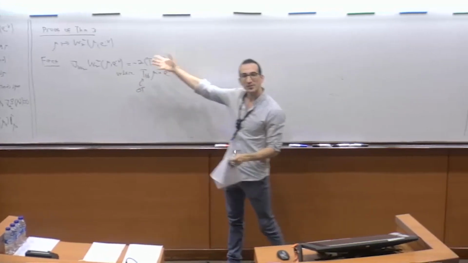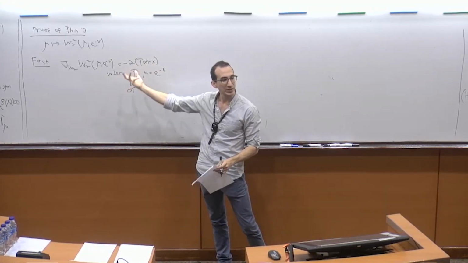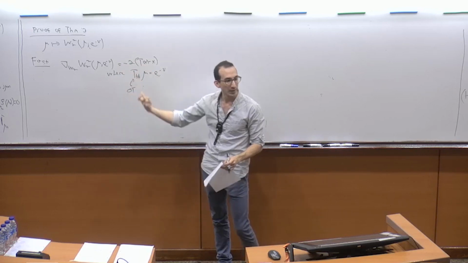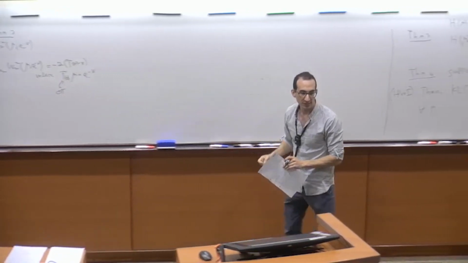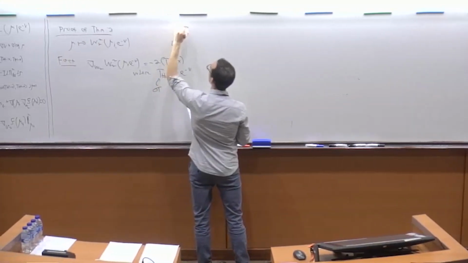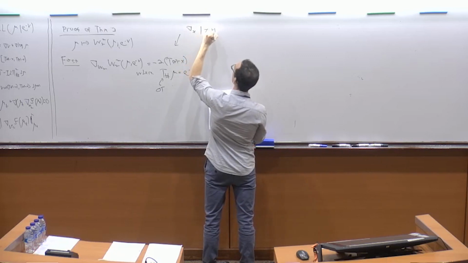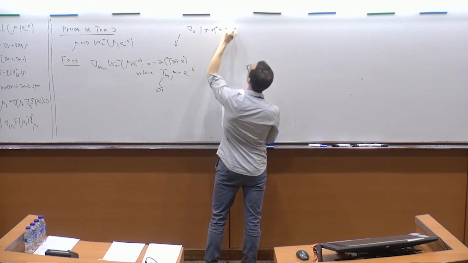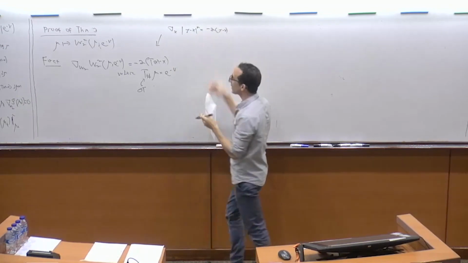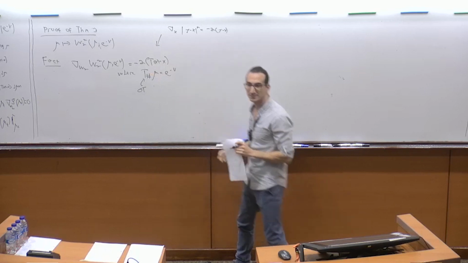And again, if you want to convince yourself of this type of computation, just do the analogous computation for Euclidean space where you replace W2 by the Euclidean distance. If we have the gradient with respect to x of |y minus x| squared, then this is equal to minus 2 (y minus x). So the y minus x is replaced by this term.